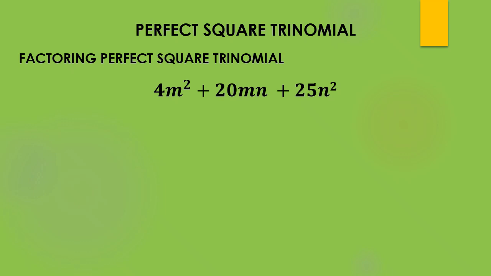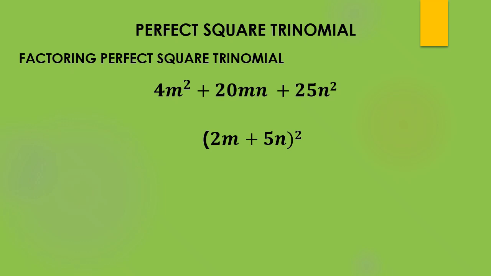The factor is, you're right, the square of 2m plus 5n. So we already determined what is A and what is B. Our A here is 2m and our B is 5n. So the square of the sum of A and B is the square of 2m plus 5n. So this is now the factor of the perfect square trinomial.